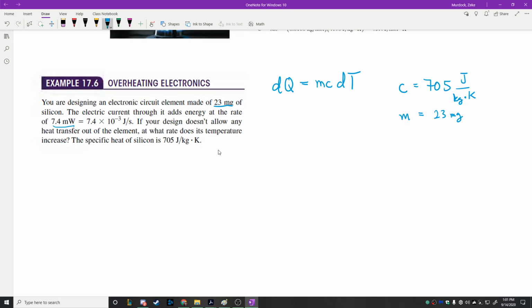Is it dQ? dQ would be measured in joules, so it's not exactly right. What is watts usually? It's dQ/dt, exactly. So what if we divided both sides by some time interval? Then dQ/dt, as Ange is saying, would be 7.4 milliwatts.